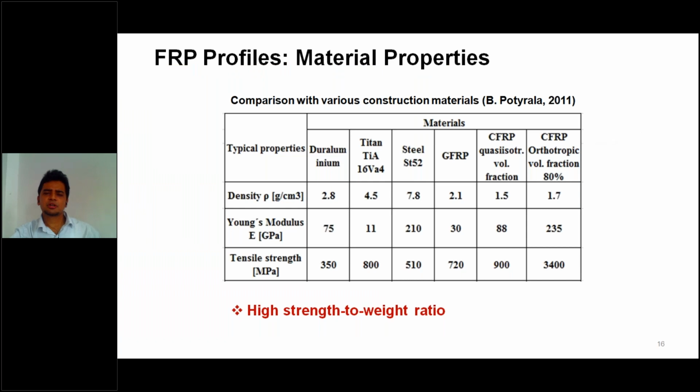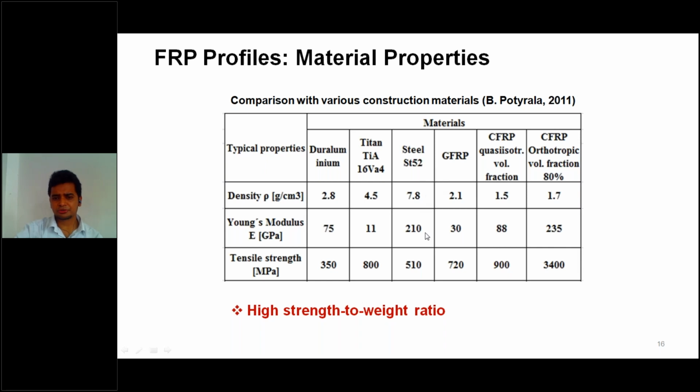Now coming to the material properties. If we see this table, we can see the GFRP here. GFRP means glass fiber reinforced polymer. The density is around 2100 kg per meter cube, whereas in case of steel it is around 7800 kg per meter cube.